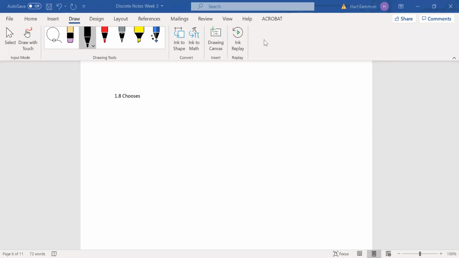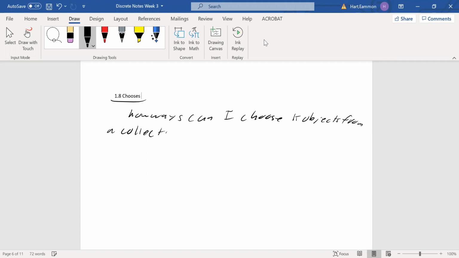Okay, so now we're going to talk about choose as functions. Before, the last questions that we were just asking is how many ways can I choose k objects from a collection of n objects in order.